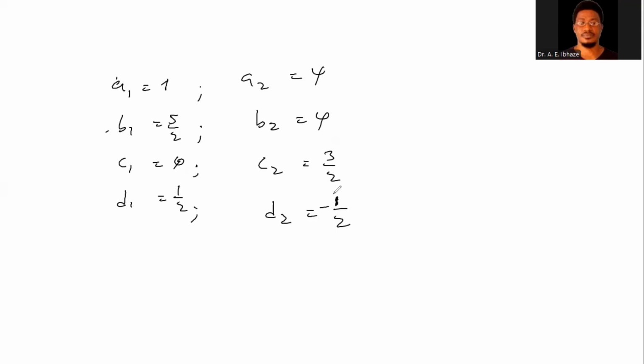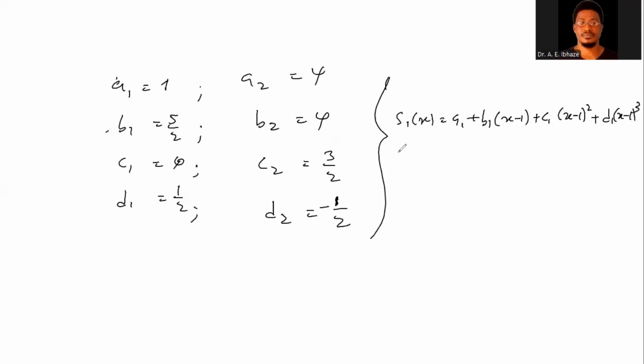So from this, we can substitute into the cubic spline. S1 of s is the same as a1 plus b1 times s minus 1 plus c1 times s minus 1 squared plus d1 times s minus 1 cubed. And then S2 of s is the same as a2 plus b2 times s minus 2 plus c2 times s minus 2 squared plus d2 times s minus 2 cubed.